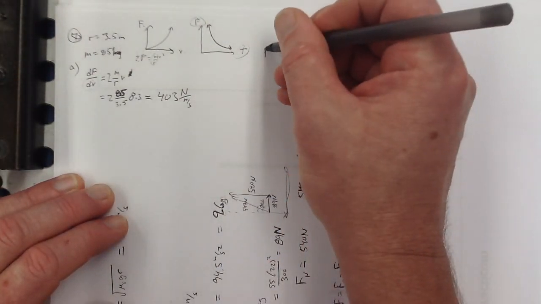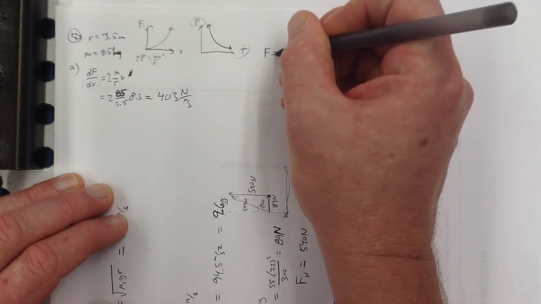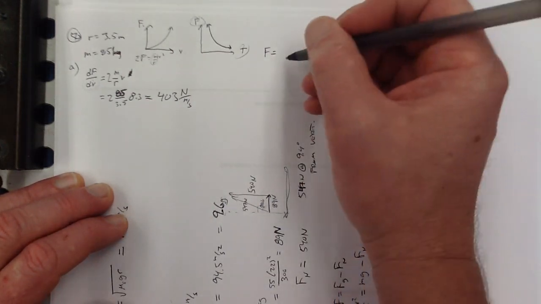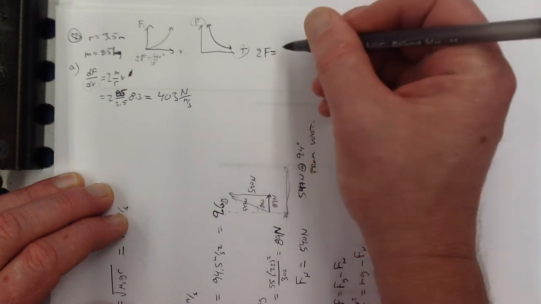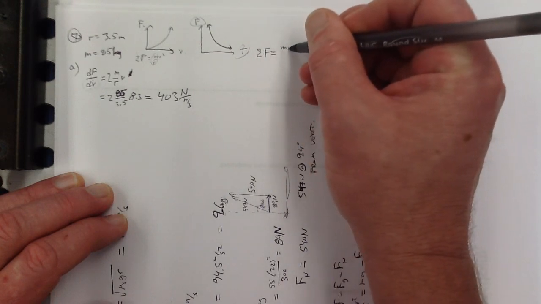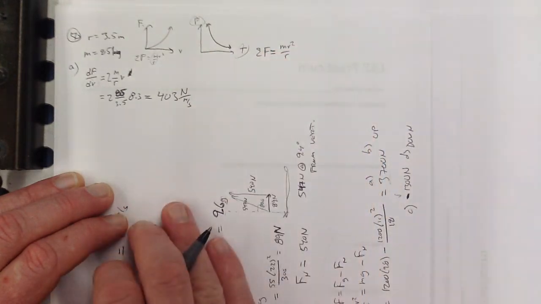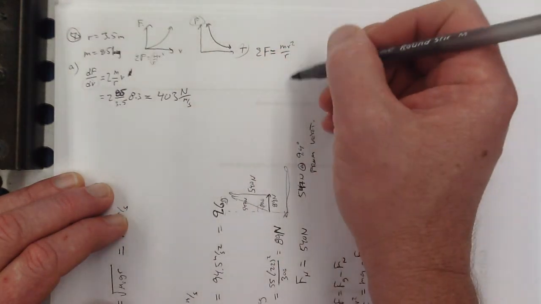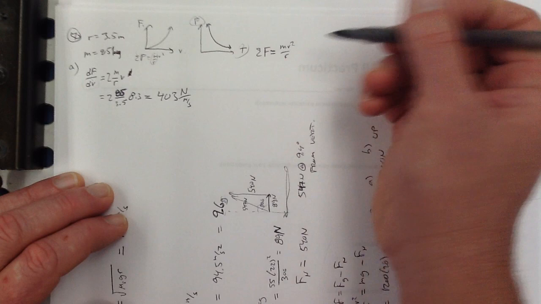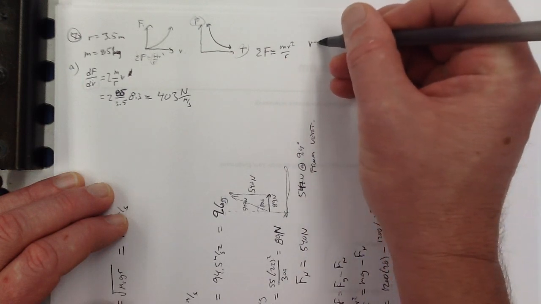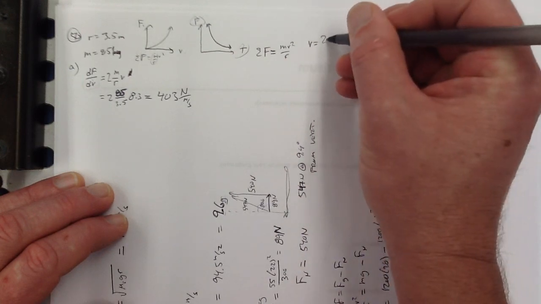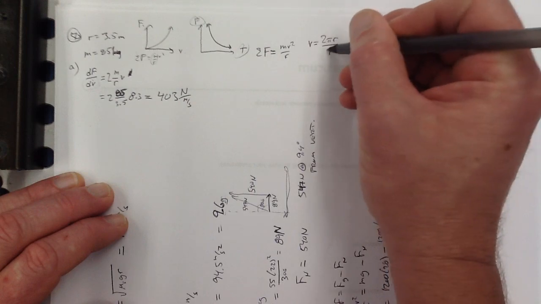So I know that the sum of all forces is equal to mv squared over r. Now I'd like to have this as some kind of function of t, so let's see if we can do that. The m and the r are constant, and the v is equal to 2 pi r over t.